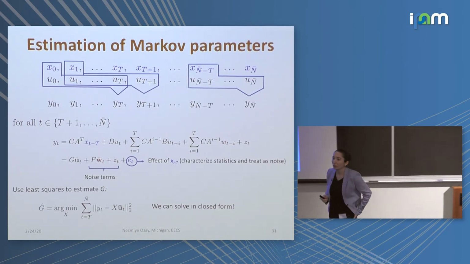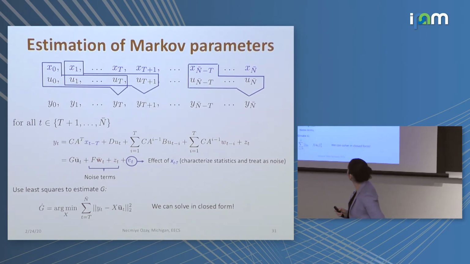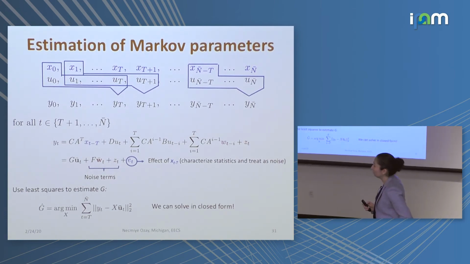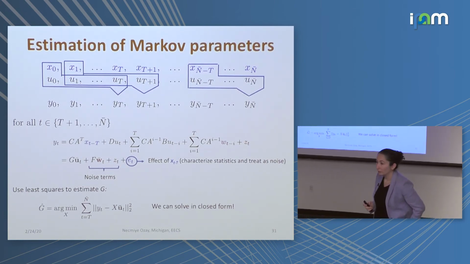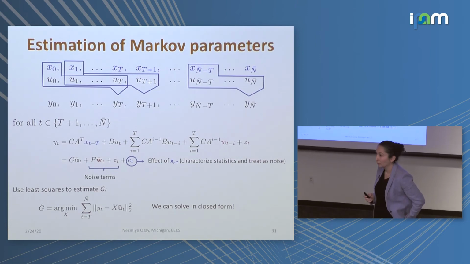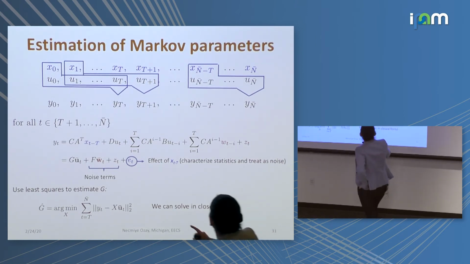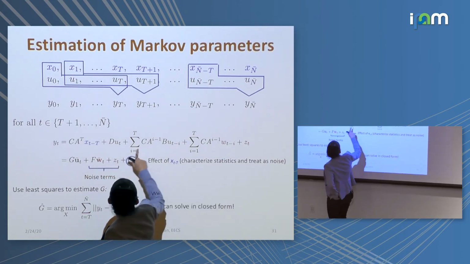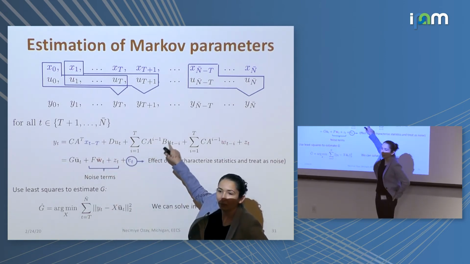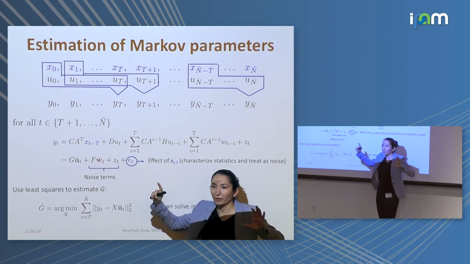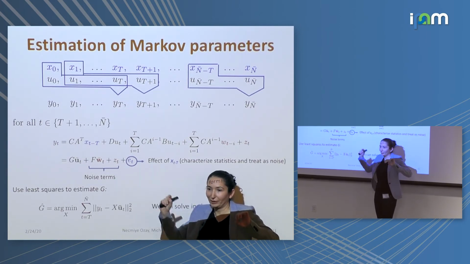The matrix F also consists of these unknown matrices C and A. So you do know the noise of W, but you don't really know the noise of F. F includes the C A squared type terms. F doesn't have any noise in it. F has my system parameters.